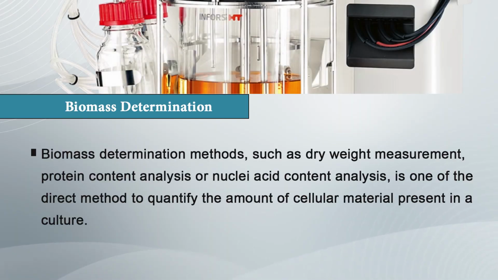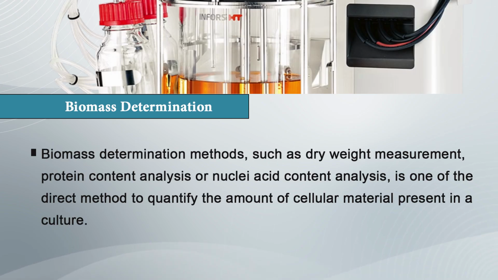Biomass determination methods are basically of three types. The first one is the dry weight measurement. The second one is the content of the protein, that is protein content analysis. Third one is the amount of nucleic acid content in the organism, that is called nucleic acid content analysis.